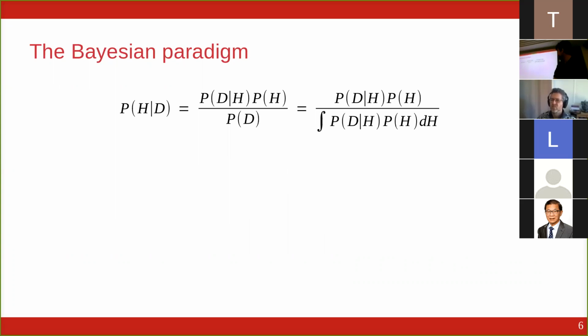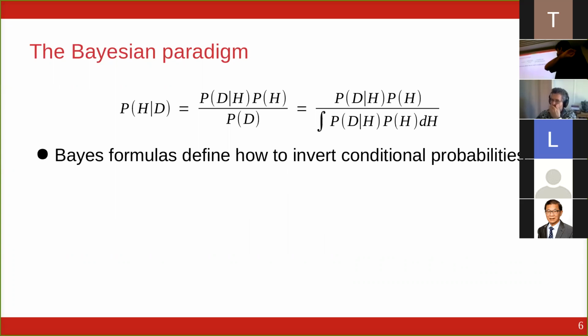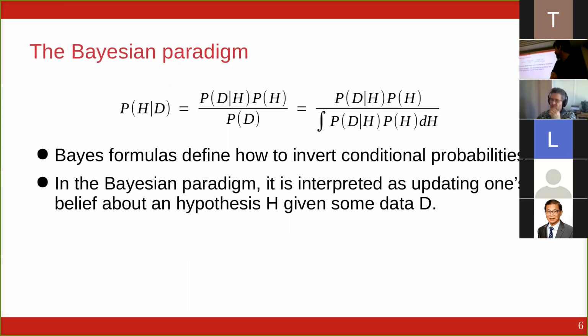Well, there's that great tool called Bayes' theorem, shown here, which works by inverting conditional probabilities. And why is it so great? Well, first, in Bayesian statistics, you have to interpret it like that. H is a hypothesis, and D is some data.